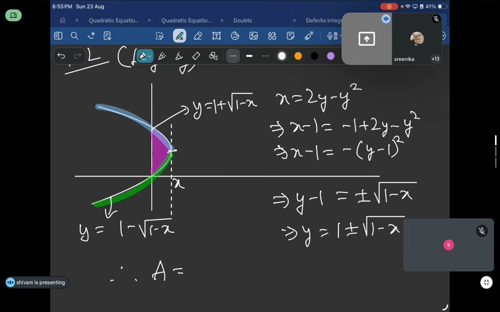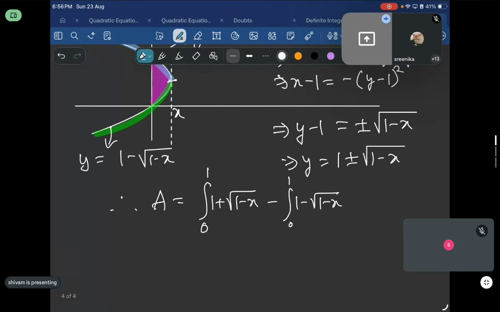It will be integral from 0 to 1, 1 plus root over 1 minus x, minus integral from 0 to 1, 1 minus root over 1 minus x. Is there anyone having any doubt? So finally, what are we getting?